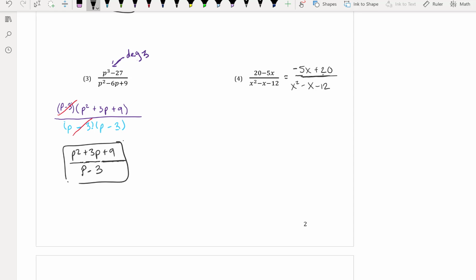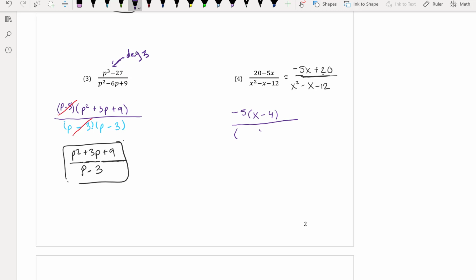So up on top I'm going to have a GCF. That GCF is going to be 5, and since that leading coefficient is negative, it's going to be a negative 5 that I'm going to factor out. So I'm going to have this as a negative 5 times x minus 4, because negative 5 times negative 4 is positive 20.